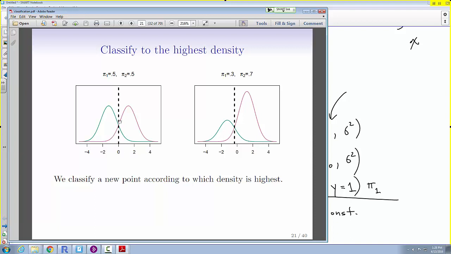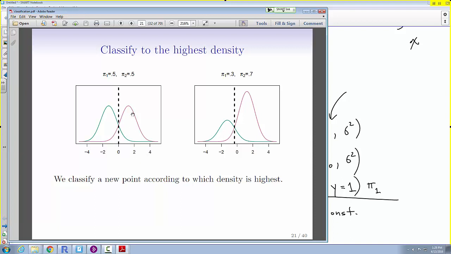Well, if this is the distribution that we estimated for PSA among prostate cancer people, and that's the distribution for healthy people, green is not cancer, red is cancer, say. Suppose you show me a standardized PSA score of 2.